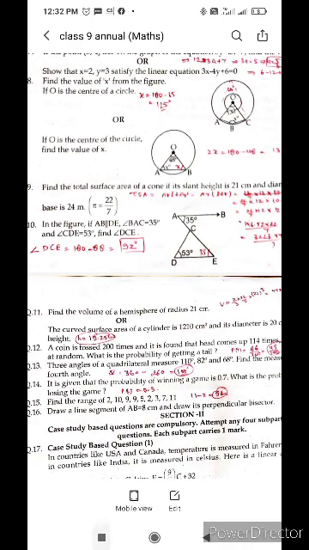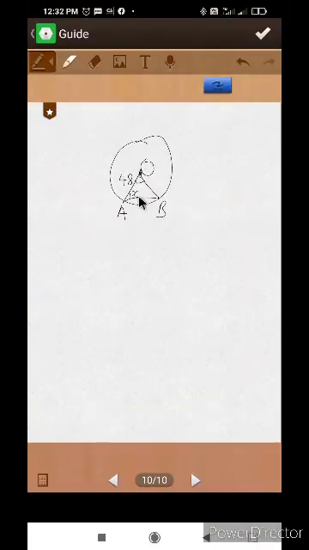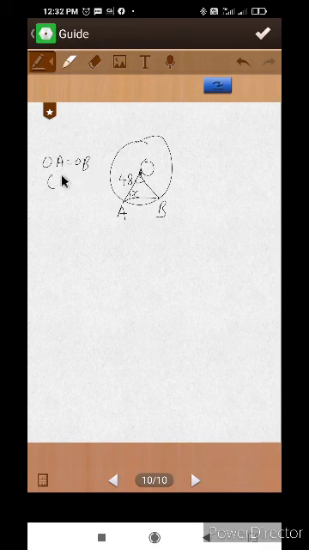Okay, so we know that OA and OB are the radius of the circle. OA is equal to OB because they are the radius of the circle. Since OA and OB are radii, the angle subtended by OA will be equal to the angle subtended by OB.